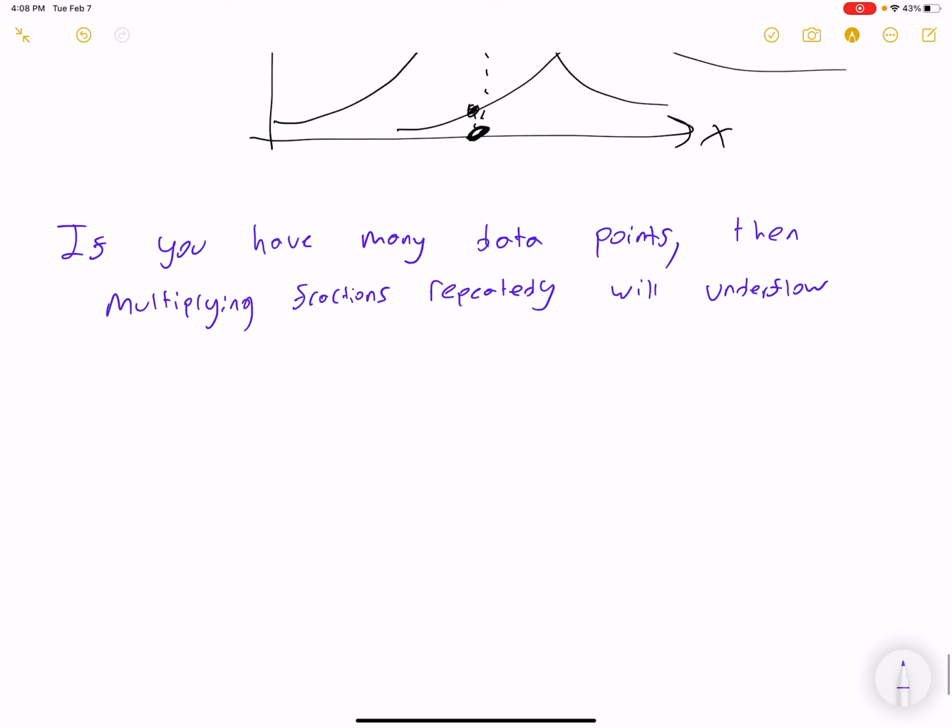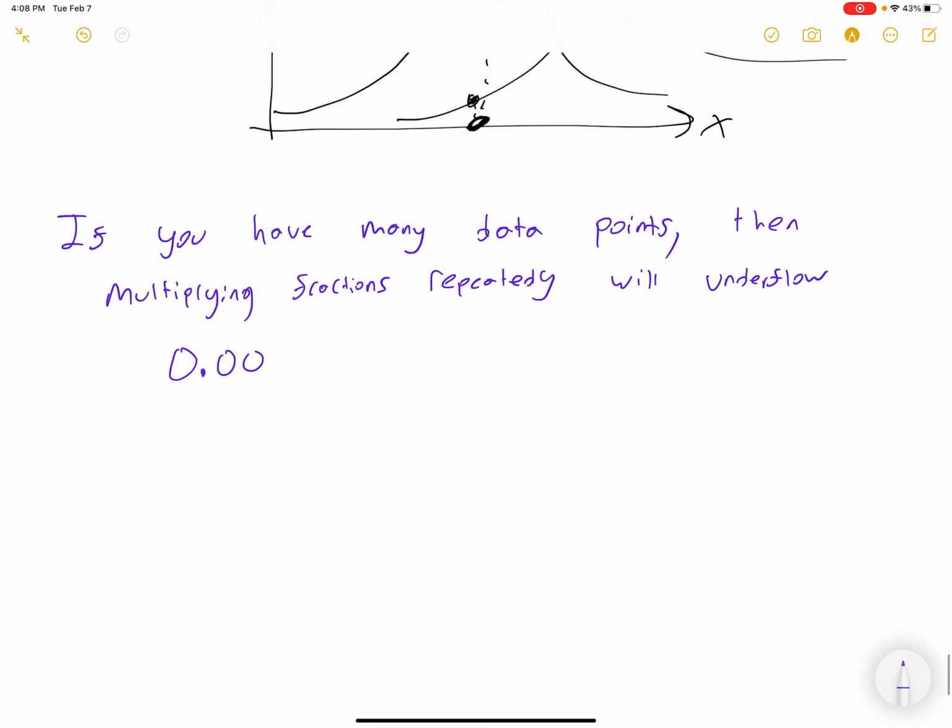So for example, 0.001 times 0.001 times, and do that. Let's say I have a data set of 100,000. That's going to be 0.00000, like more than 100,000 zeros, 1. And computers can't represent that.